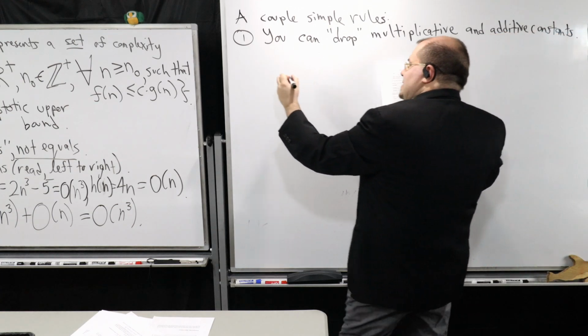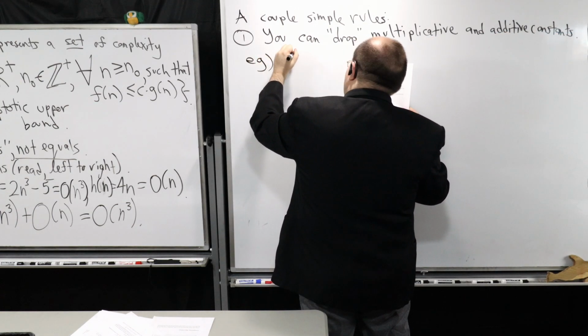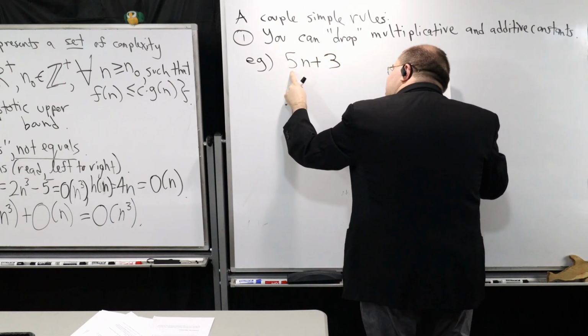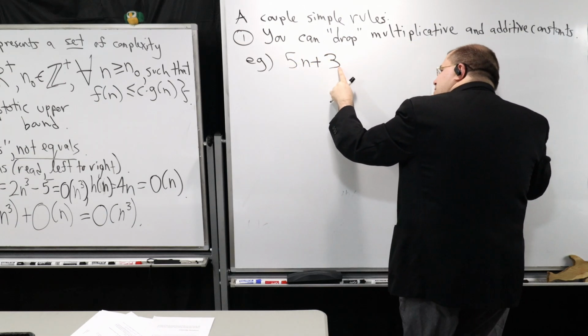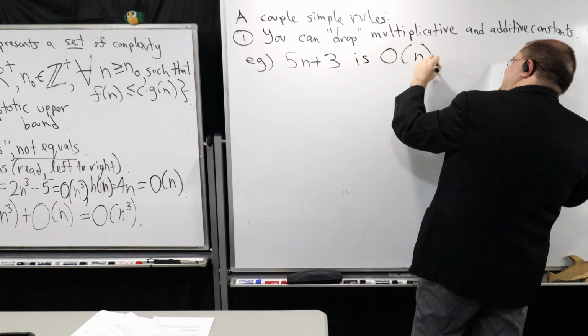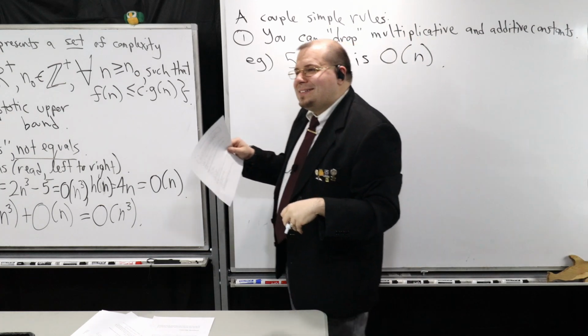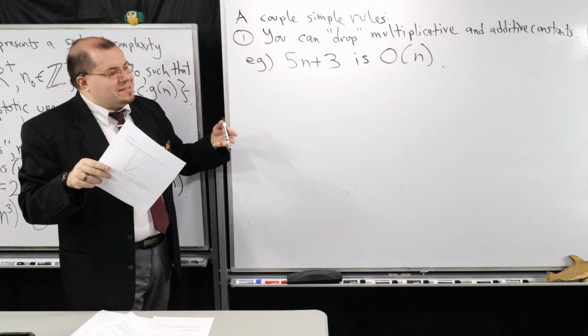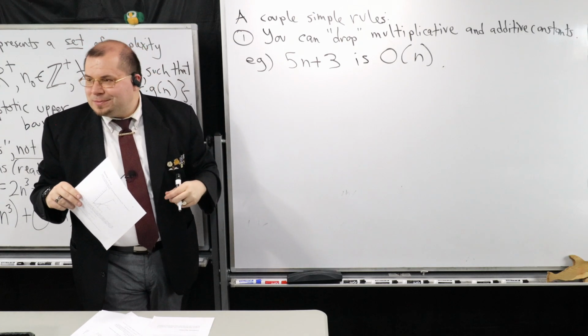Just as a quick example, if I give you 5n plus 3, what I'm saying is that you can straight up ignore the 5, you can ignore the 3, and you can just say, oh, this is big O of n. So multiplicative and additive constants, they don't matter in the big O.